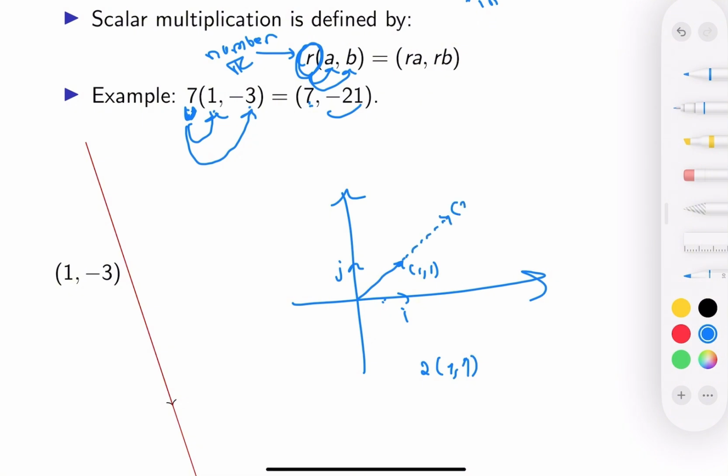So you get the vector (2, 2) in this case. But why did we get this? The reason is that we're defining scalar multiplication by element-wise multiplication. So we're defining this vector to be 2 times 1, which is 2, and 2 times 1, which is 2, right? So this is what we have.